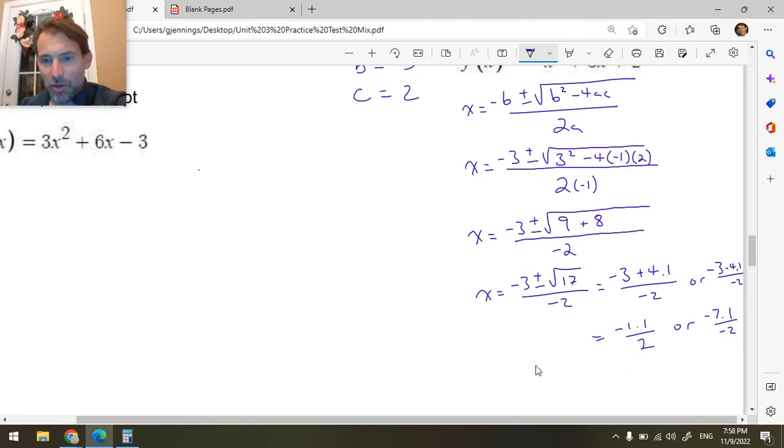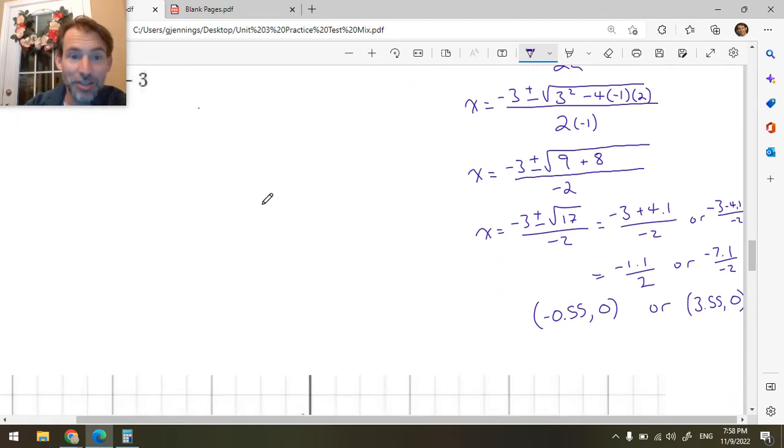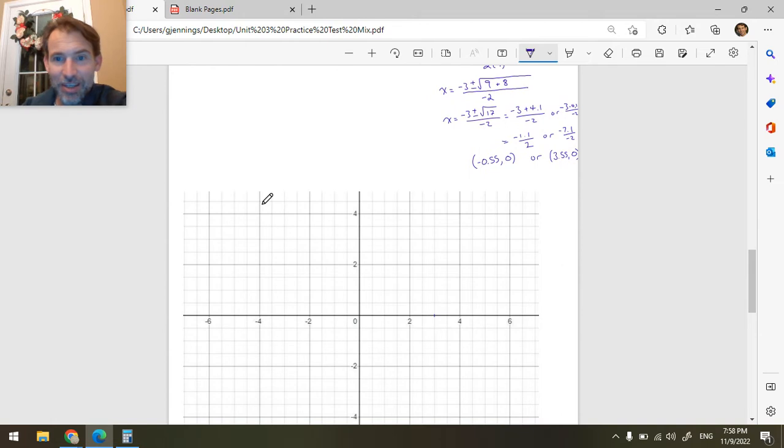And then let's get those as a pair of points. So the first one is -0.55. Your calculator will tell you the same thing. It just told me a little while ago. Or +3, because the negatives cancel out when you have a negative divided by a negative. And so it's going to be 3.55.